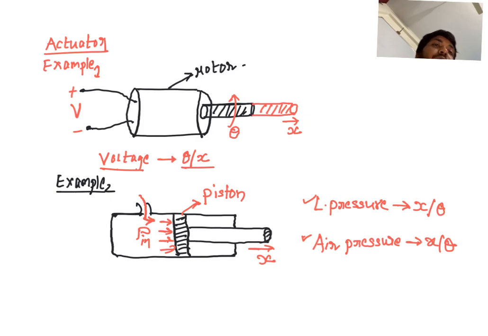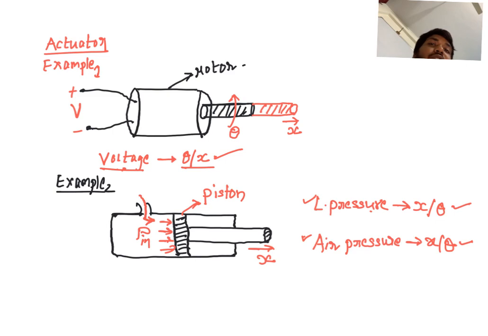So what you understood here: in the first example, voltage, that is electrical input, is converted into mechanical output. In the second example, liquid pressure energy is converted to linear displacement or angular displacement, that is mechanical output. In the third example, air pressure is converted into linear displacement or angular displacement.